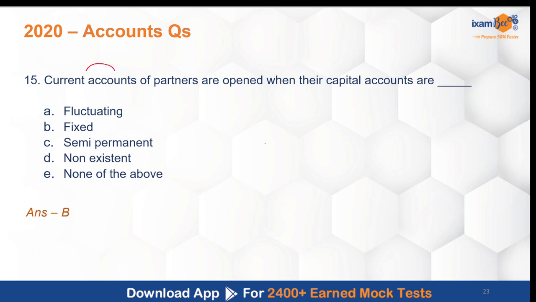So the initial capital that the partner has brought in is reflected in the capital account. So that will be fixed in nature because it is not changing with every year, and any adjustments year on year in the form of profits being shared or any drawing, that is the withdrawal that the partner has made, will be adjusted in the current account. So therefore the capital account remains fixed.